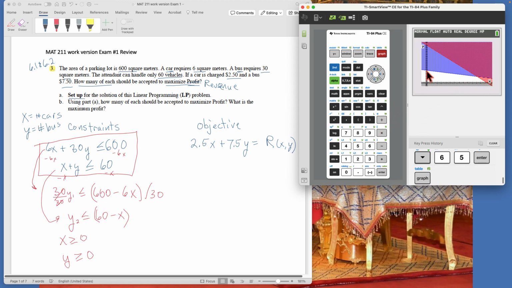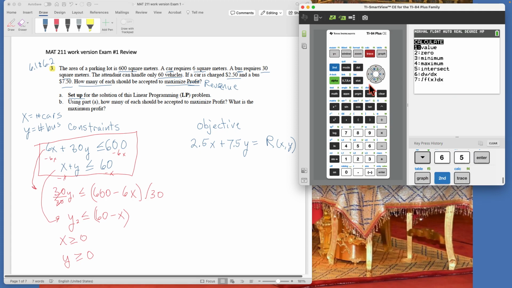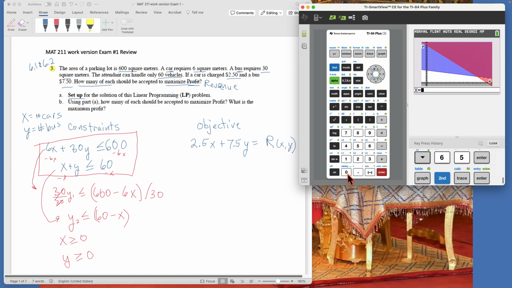So finding this first one here that is on the x-axis, let's go to second calc. So calc is above trace, and I'm going to go with value. Okay, I'm going to enter x equals 0. That'll get me to the y axis, and notice if I go up or down, it could give me any of these.